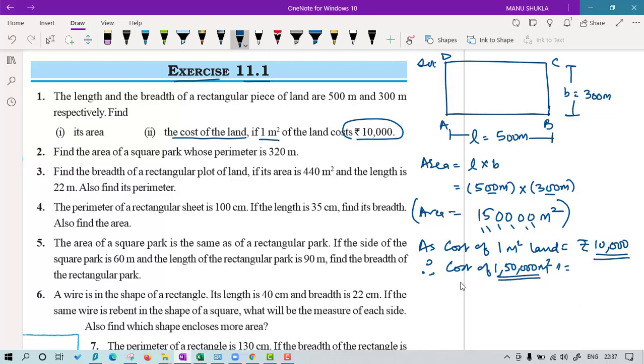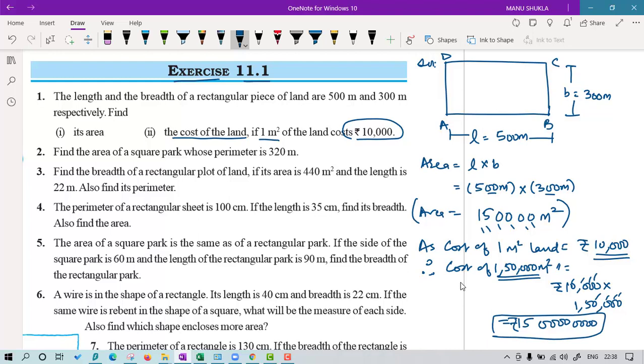So that is equal to rupees 10,000 multiplied with 1,50,000, and if you multiply this you will get simply 15, and then just count the number of zeros: 1 2 3 4 5 6 7 8. This much rupees is the cost of the land. That's it. Now let's see the next question.